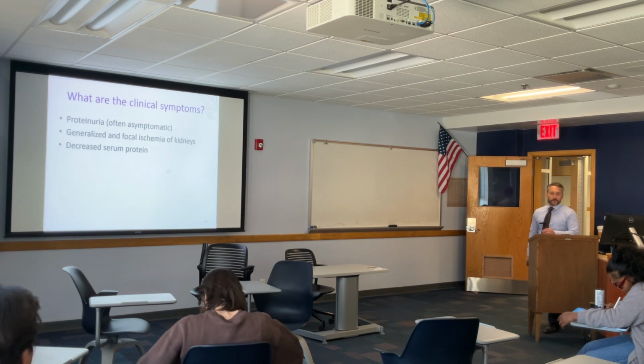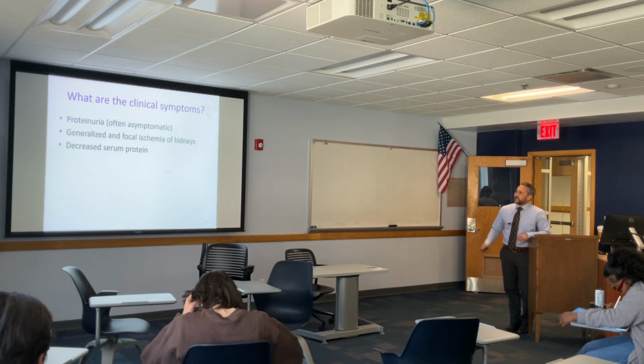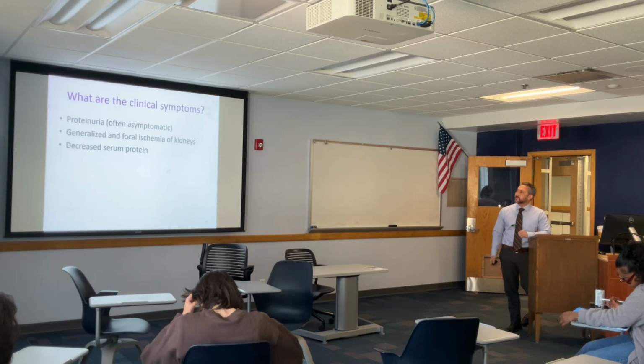So what are some of the clinical symptoms here? Well, they have proteinuria, so they have protein in their urine. Oftentimes, they might be asymptomatic. They don't even know it. They have a global and focal ischemia of the kidneys.